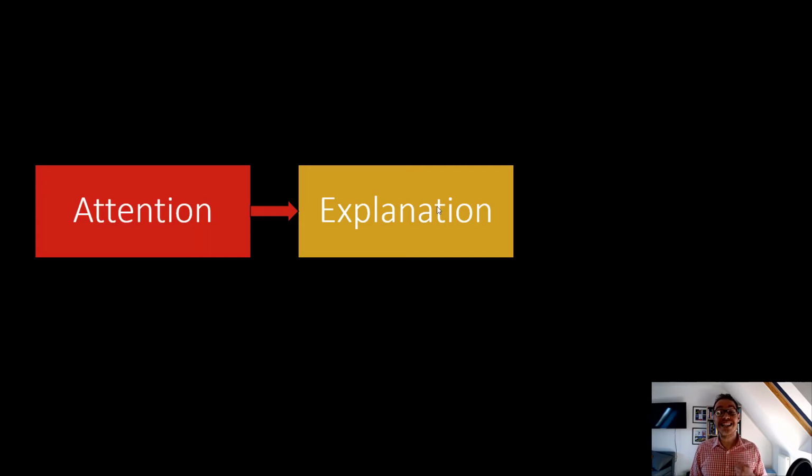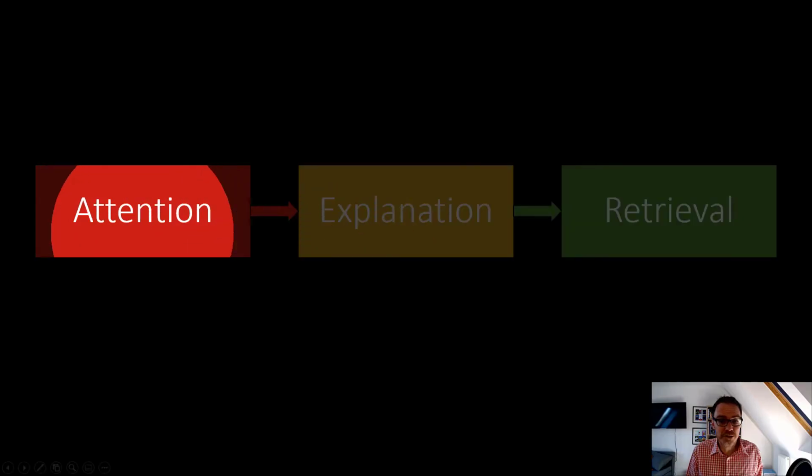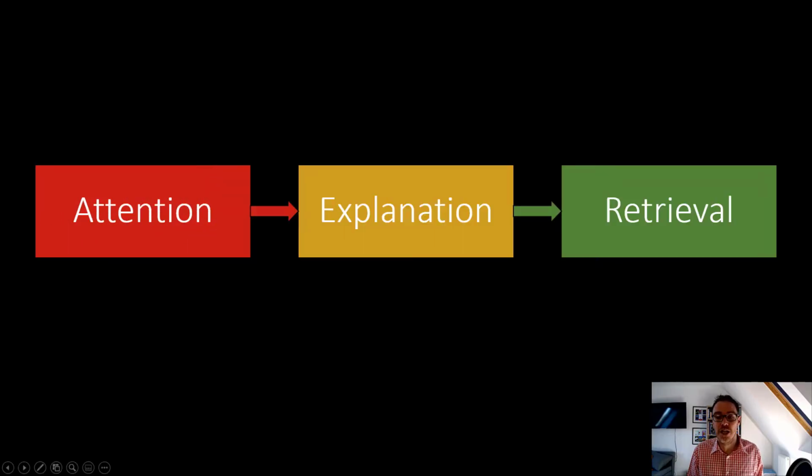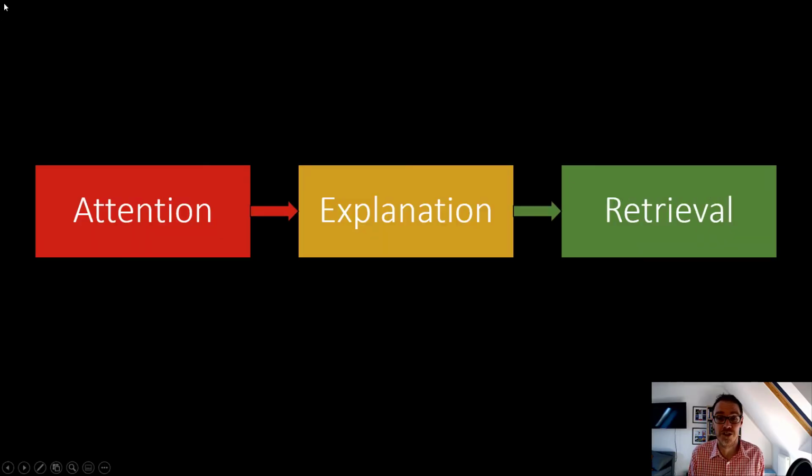Are students paying attention to that explanation? And the next is what happens after the explanation. Are we providing opportunities for students to retrieve those steps of the routine? Now in this video, I'm going to focus on this part of the process, attention. In another video, I'm going to look at the retrieval part of the process.